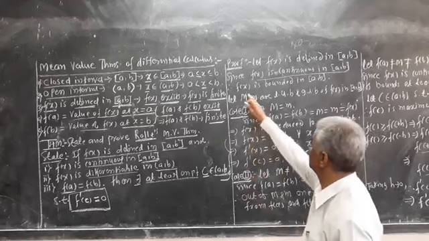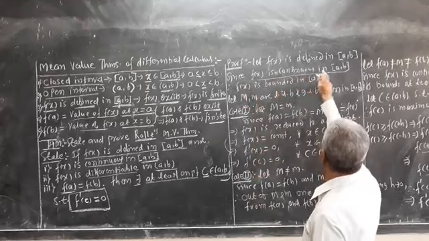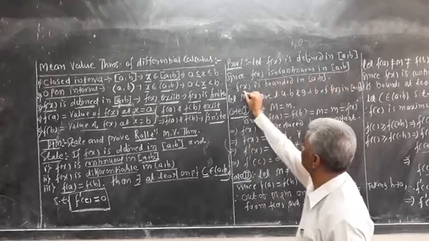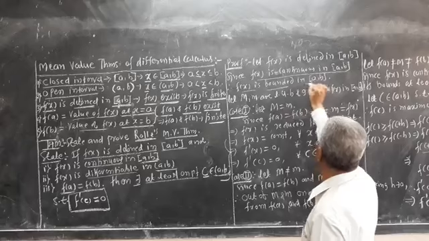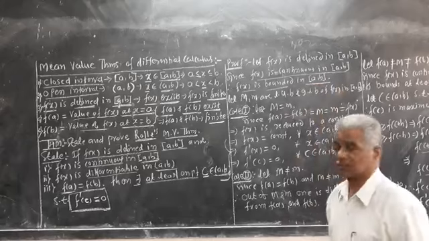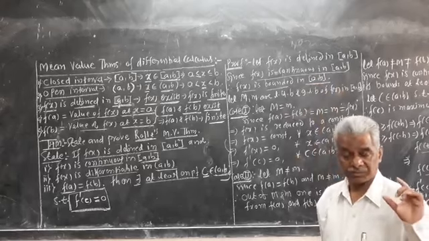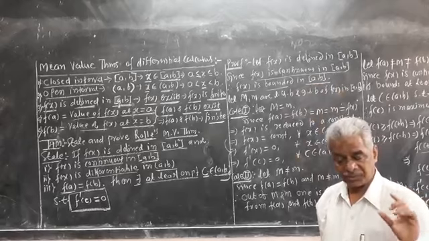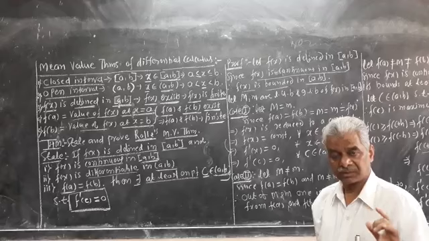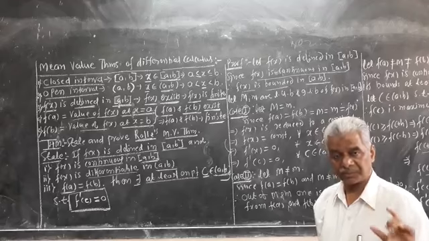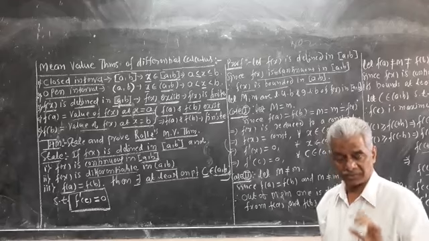And hence, since f of x is continuous, f of x is bounded in that interval, and f of x is a bounded function. F of x is bounded means f of x has an upper bound and a lower bound.